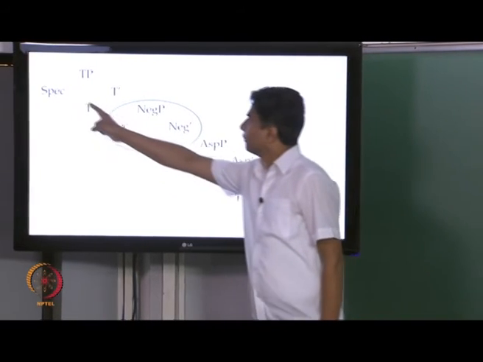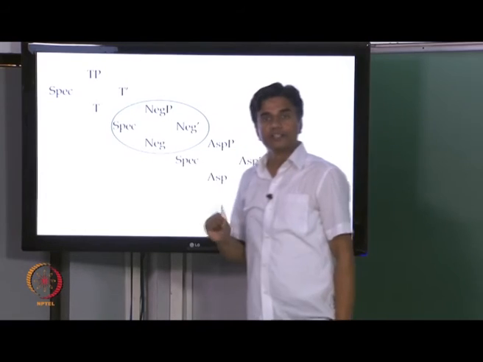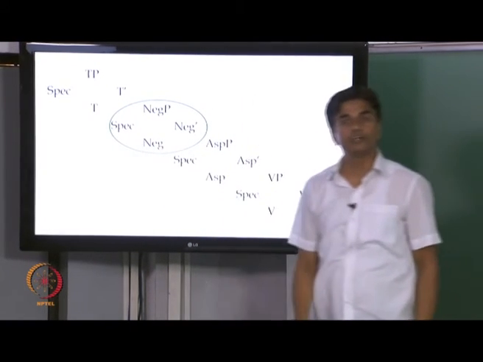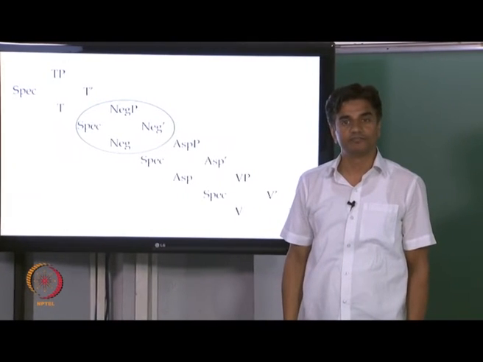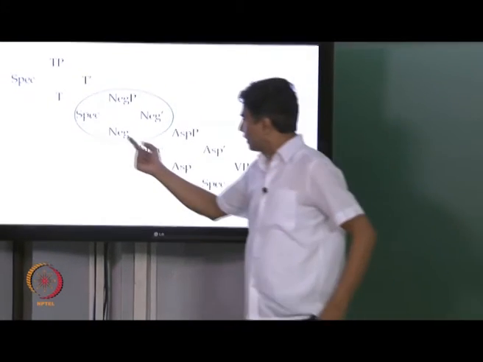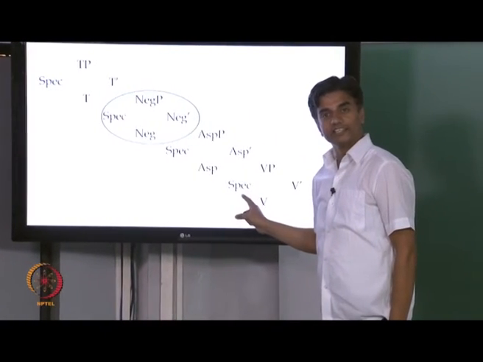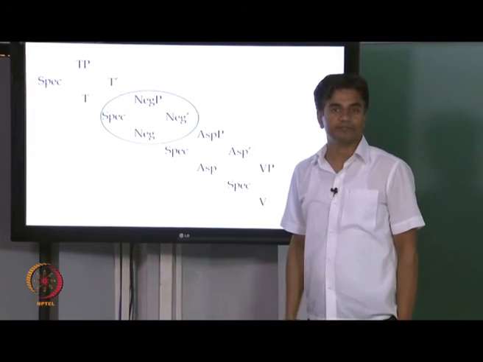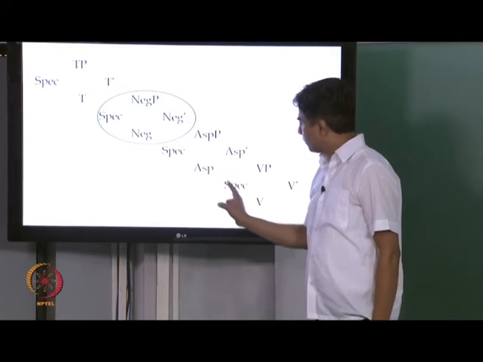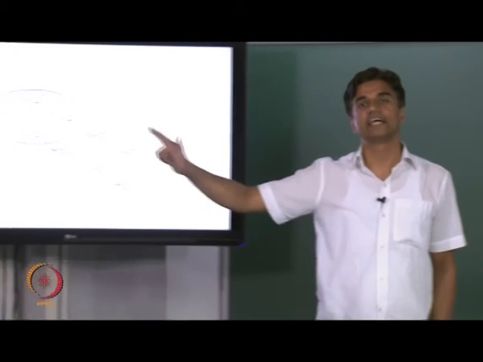Then, if we allow the subject to be here on the spec of TP, then we know that spec of TP is not in the C-commanding domain of negation. Then we need to say something else. But if we allow the subject to originate here, then it's in the C-commanding domain. And we have a convincing logic to say that before it moves for anything, the licensing has already taken place.